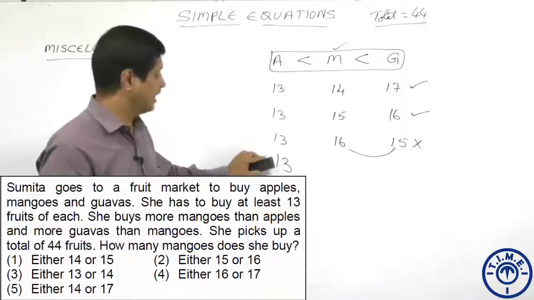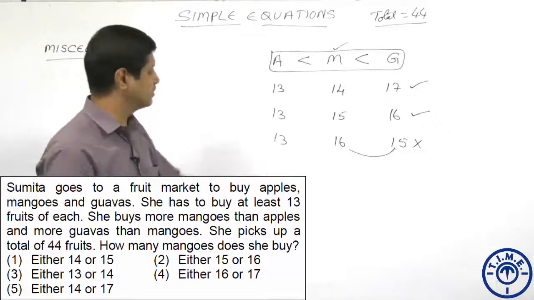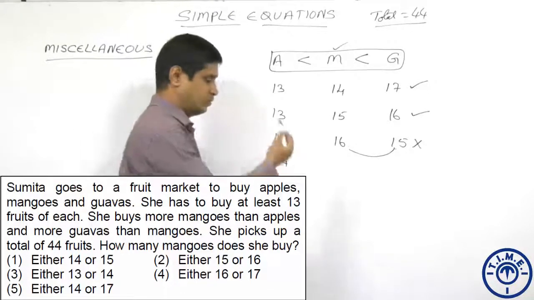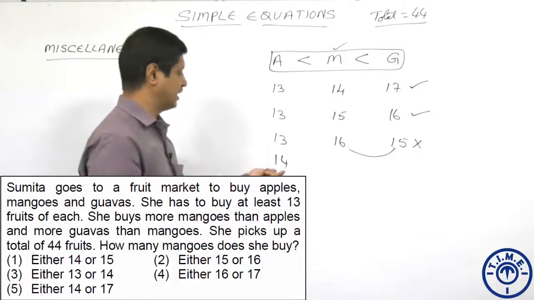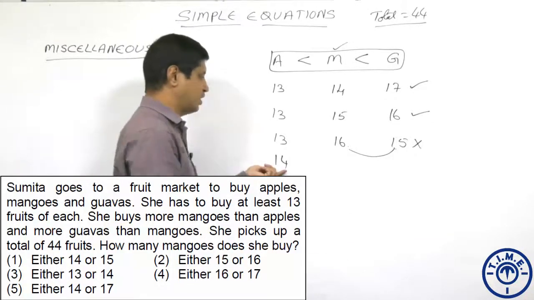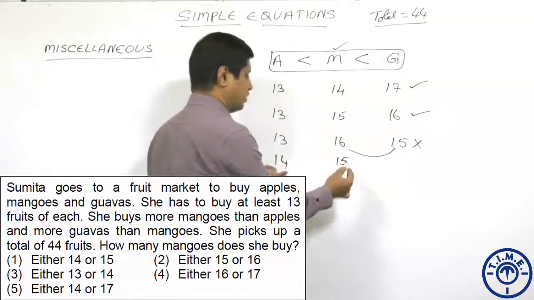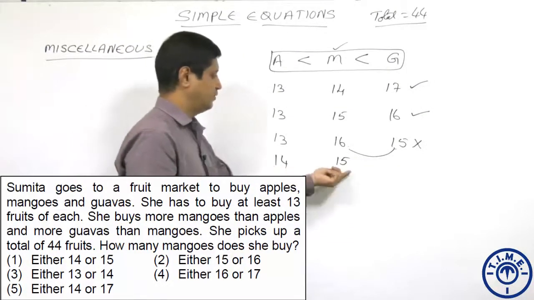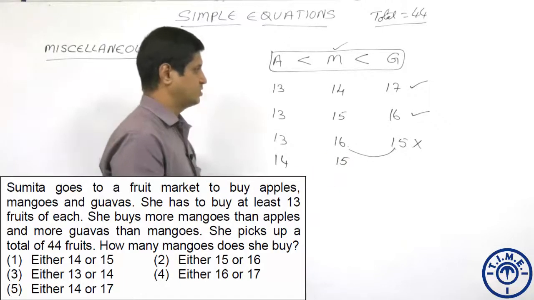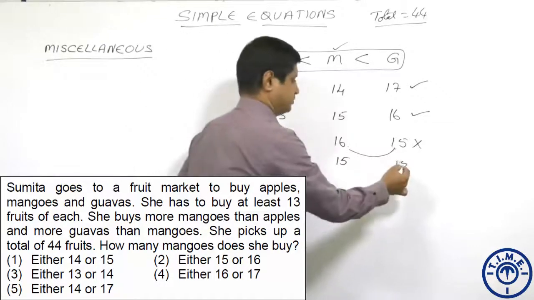So, when you are taking at least 13, it means minimum 13. So, we can take 14, 15 and so on. What is the possibility by taking 14? When you are taking 14, we can take here 15. Now, 14 and 15, what is the next value here? 15.